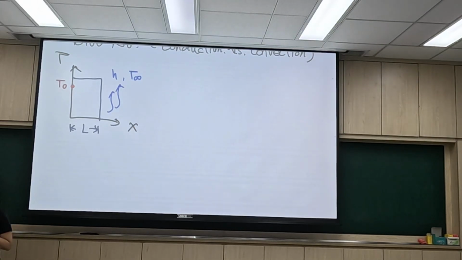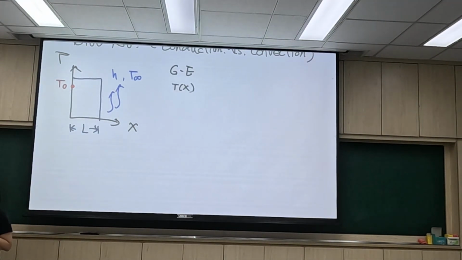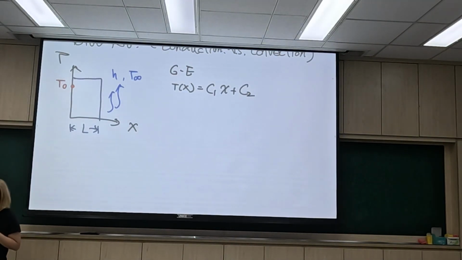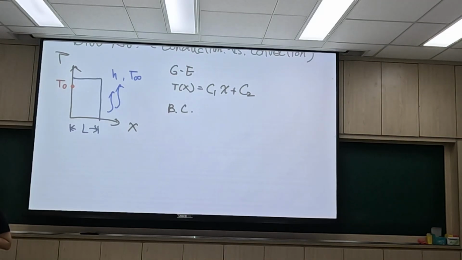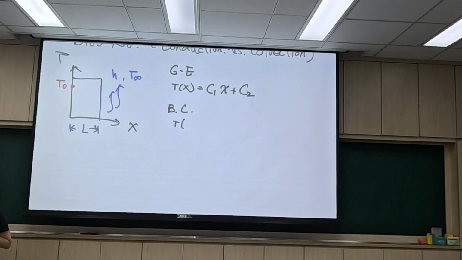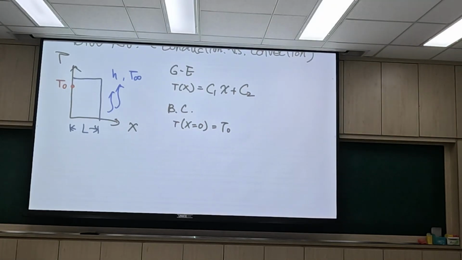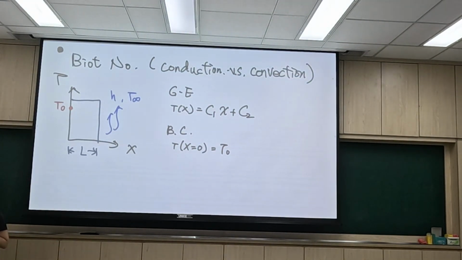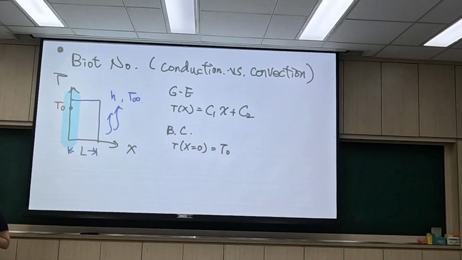First, we still write down the governing equation. So the temperature distribution will be this, the most simple one. Then we start again by applying the boundary conditions. When x equals 0, T becomes T0, at this surface.